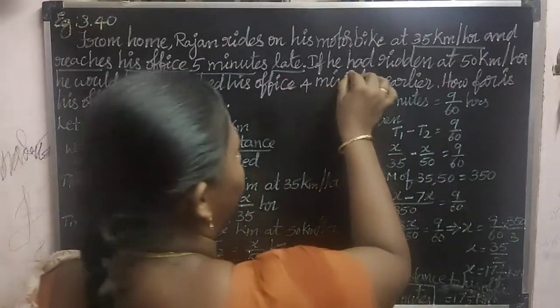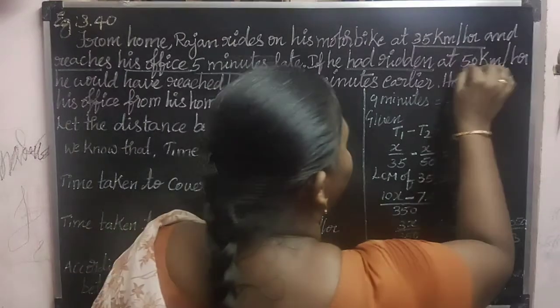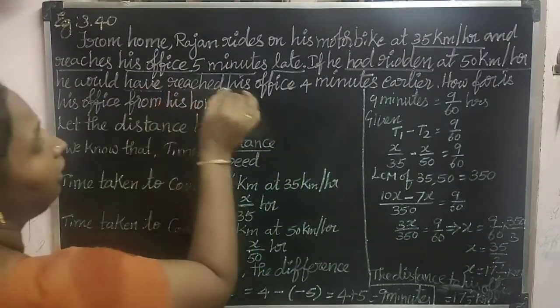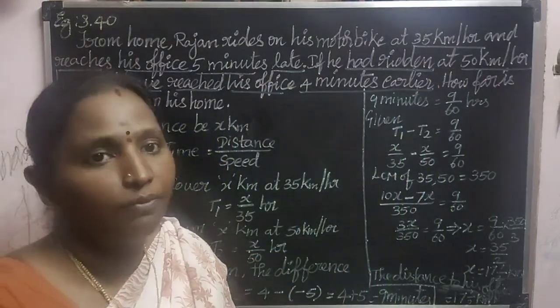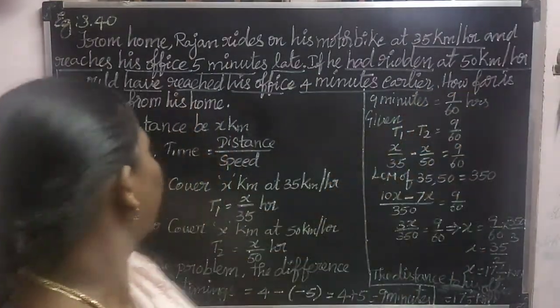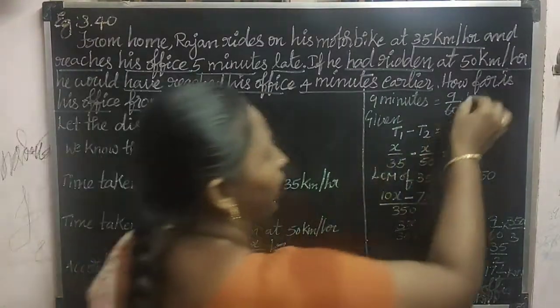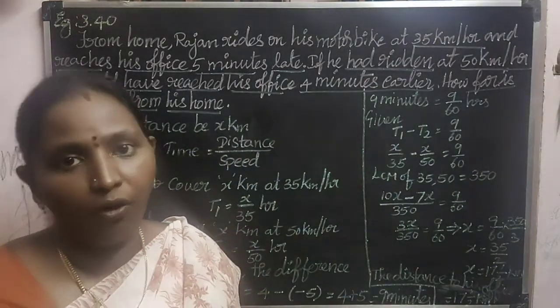Suppose he had ridden his bike at 50 km per hour, he would have reached his office 4 minutes earlier, that is, before time by 4 minutes. So how far is his office from his home? They ask for the distance between his home and his office.